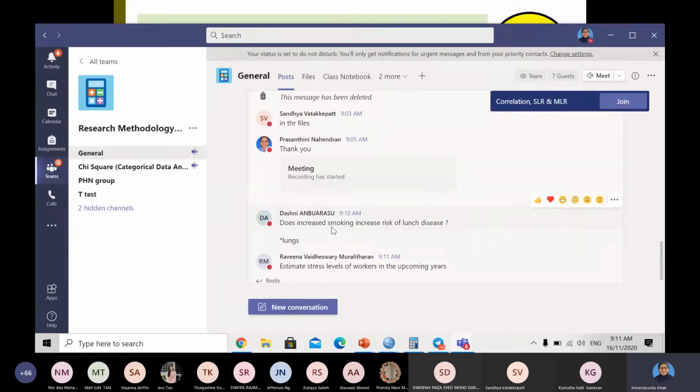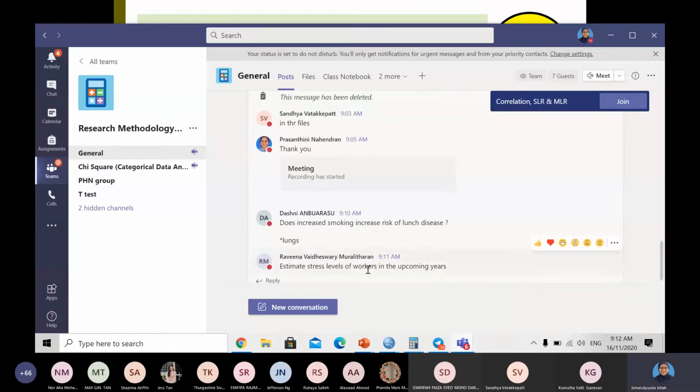Does increasing smoking increase risk of lung disease? Yes. Good examples, Dashni. Okay, Ravina. Hi Ravina. Estimate stress level of workers in the upcoming years.